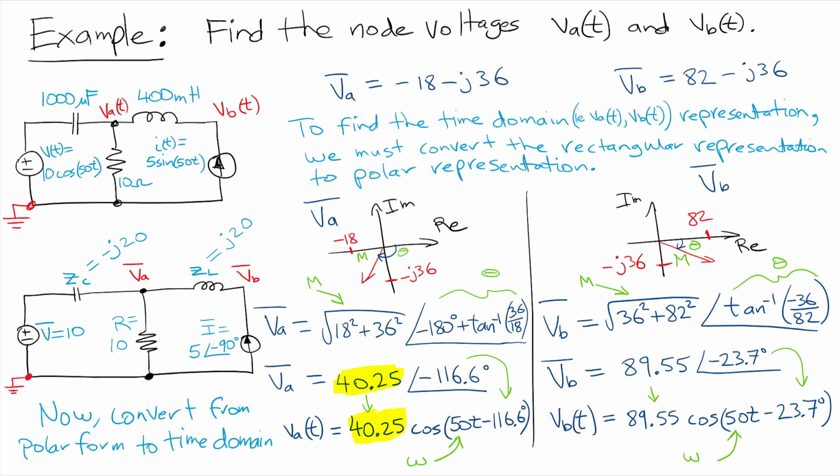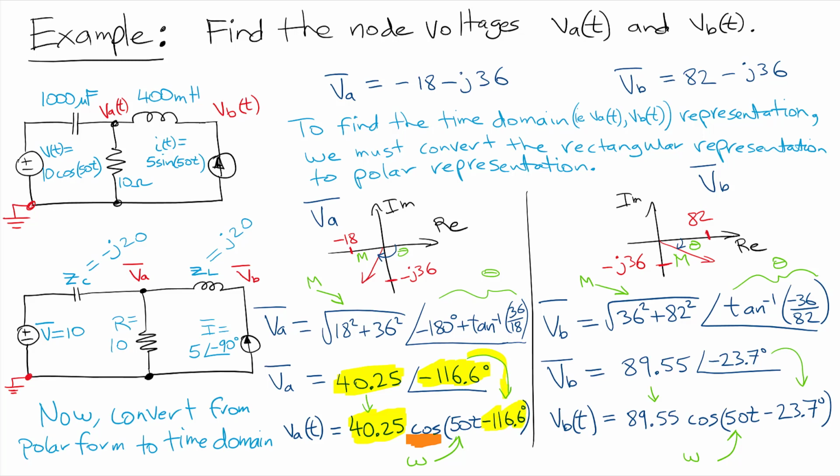And it's always cosine, when we convert from phasor to the time domain. Then the phase angle in the phasor form comes down and becomes the phase angle in the argument.